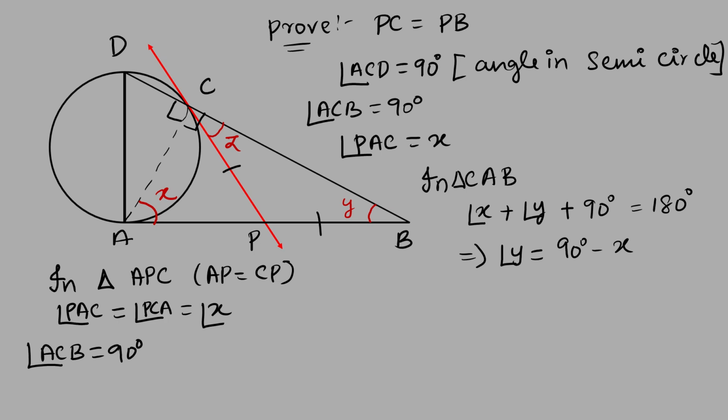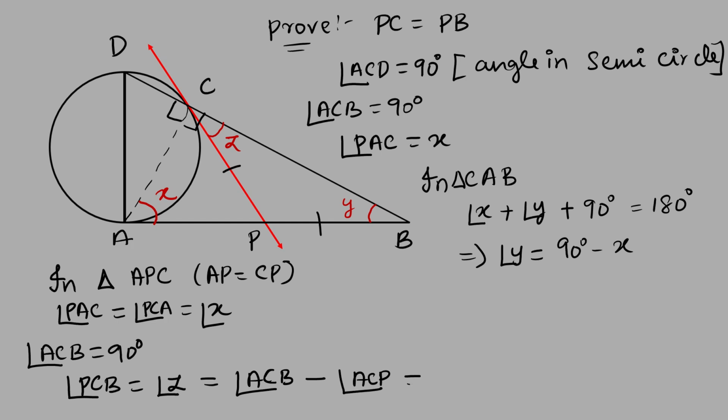And we can write angle PCB, which is equal to angle Z, as angle ACB minus angle ACP.